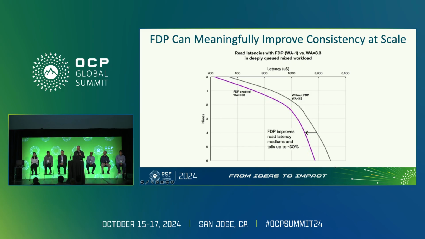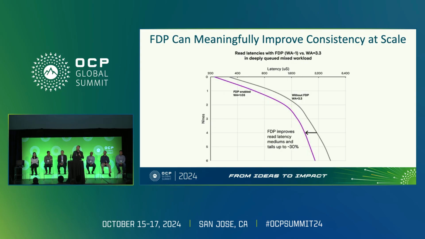It's not just the tail latencies that are improved by 30%. You're getting improvements all the way up into the medians. Given how critical latencies are, especially in a hyperscale, scale-up environment, the fact that these latencies can be quieted is a big deal.